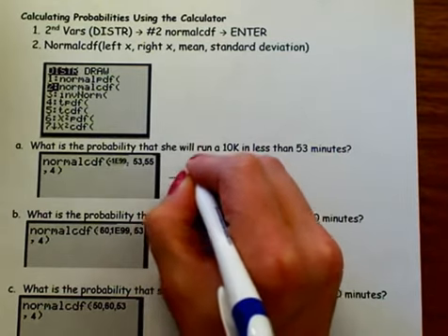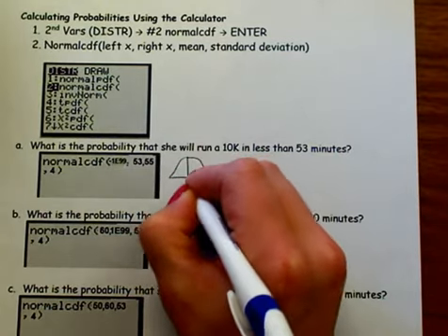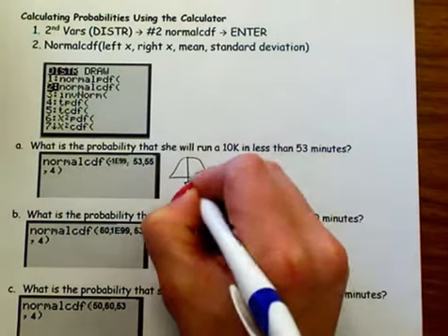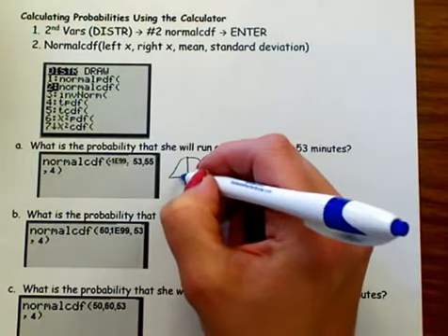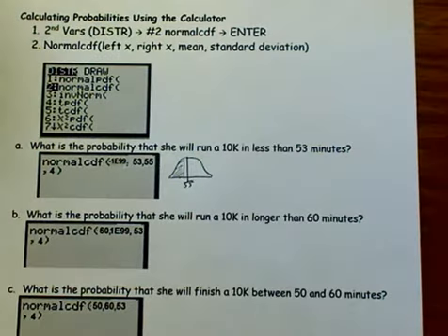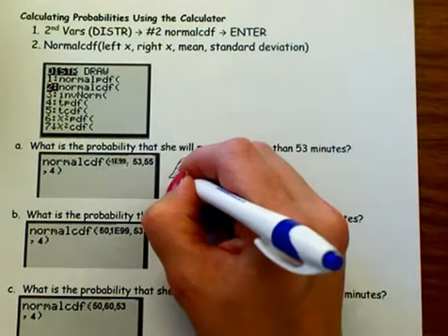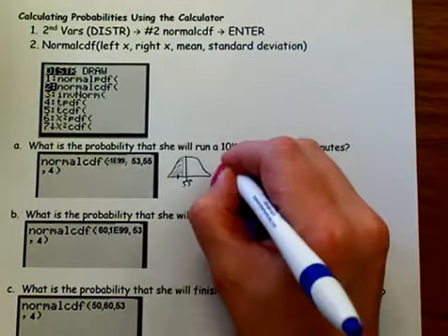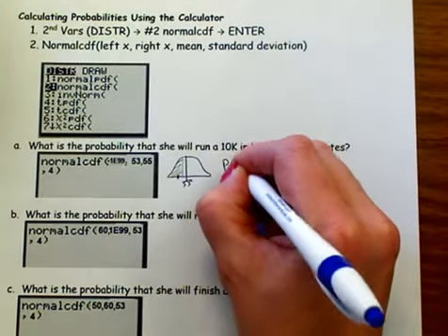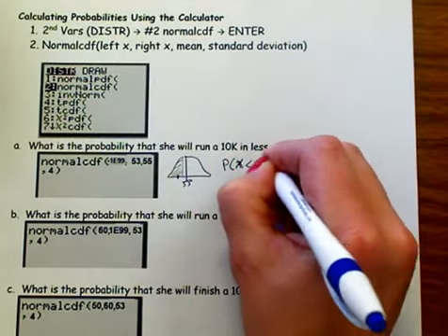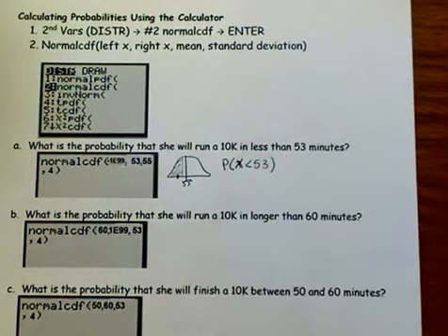If I am considering my diagram, my 55 is here, and 53 is here, and we're shading. The nice thing about the calculator is that you don't have to convert to z-scores. So we are looking for the probability that x is less than 53.